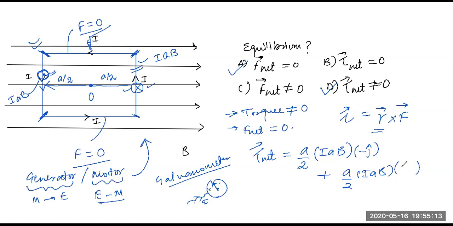So this is minus J cap, right? You'll get the same direction. So what you can say basically is that the torque will get added up. So IAB, A by 2 will become A, and A into A will become A square B. Yes or no?